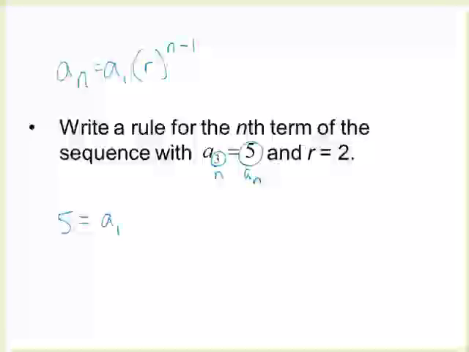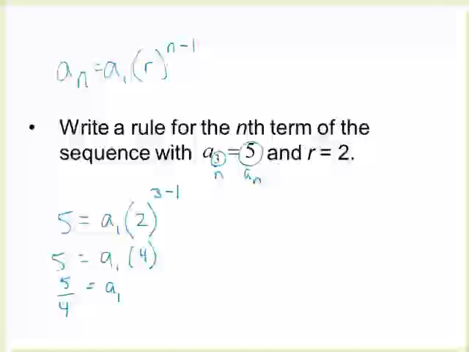A sub 1 we do not know. R we are given is 2. N will be 3 because 5 is the third term, and then minus 1 for the formula. So that gives 2 to the second power, or 4. And dividing out then gives us our first term of 5/4.